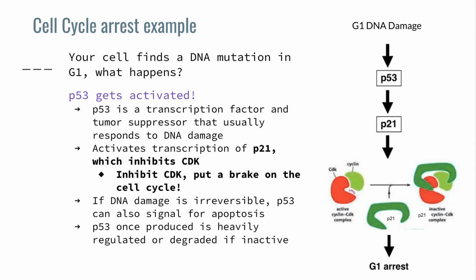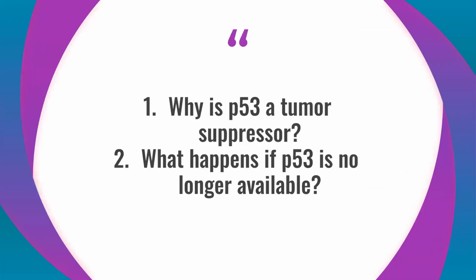And P53 is heavily regulated and degraded if inactive. So why is P53 a tumor suppressor? That's because it codes for a protein, P21, that inhibits CDK, which puts a brake on the cell cycle.